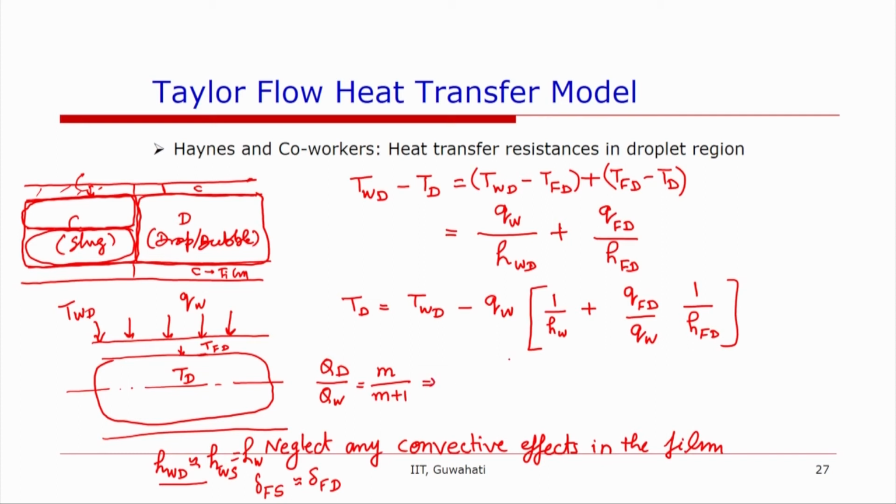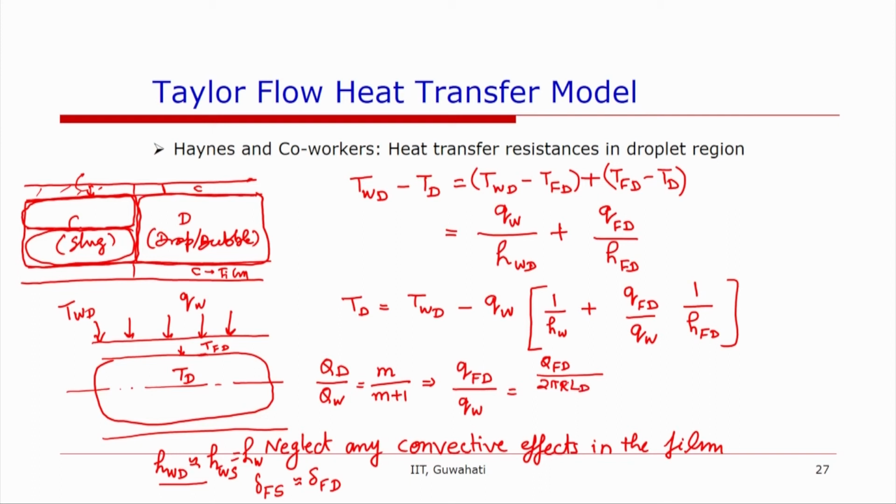So, that gives us QFD over QW is equal to QFD divided by the droplet region. So, that will be 2 pi r length of the droplet.